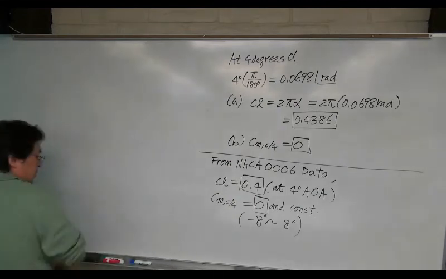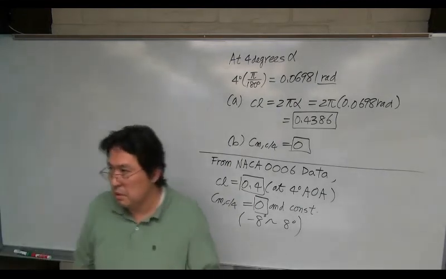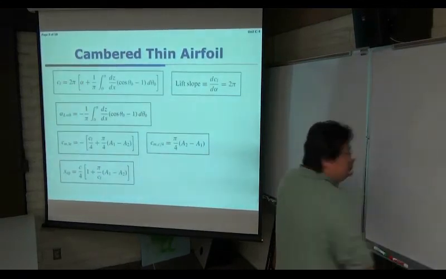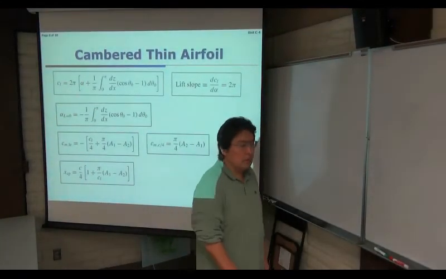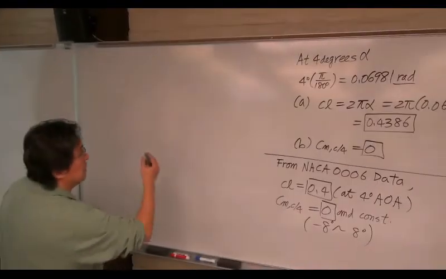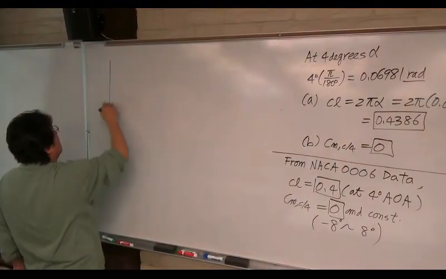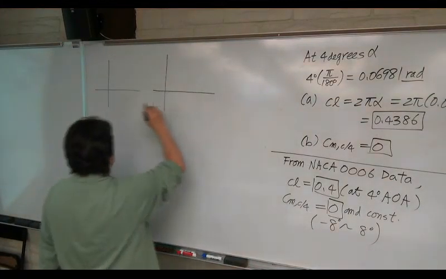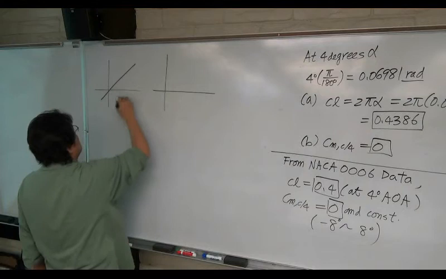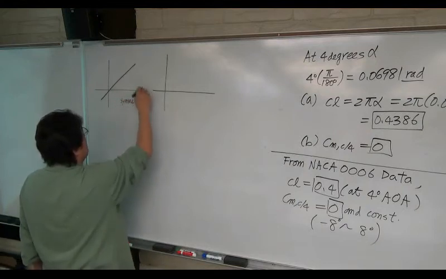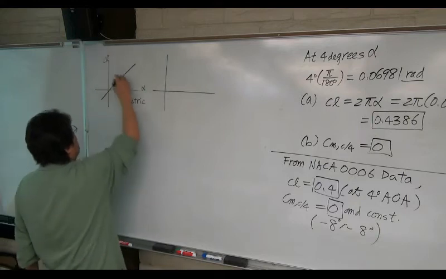Now, this is the new subject, which is part of your Project 2B. So let's move on to the next page. Your project requires you to analyze the cambered airfoil. So far we've been using symmetric. What is the big difference between symmetric and cambered? This is a symmetric airfoil, alpha versus CL.